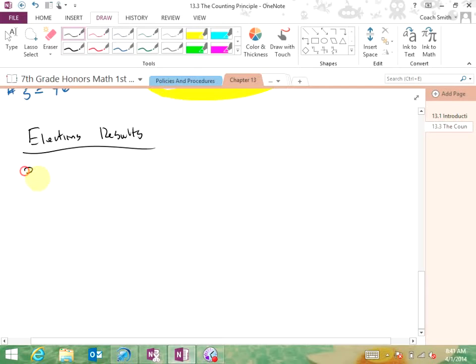Well, there were 3 presidential candidates, 5 VP candidates, 2 for secretary, and 6 for treasurer. Okay? So they want to know how many possible combinations. Very simple. These are the amount of outcomes.